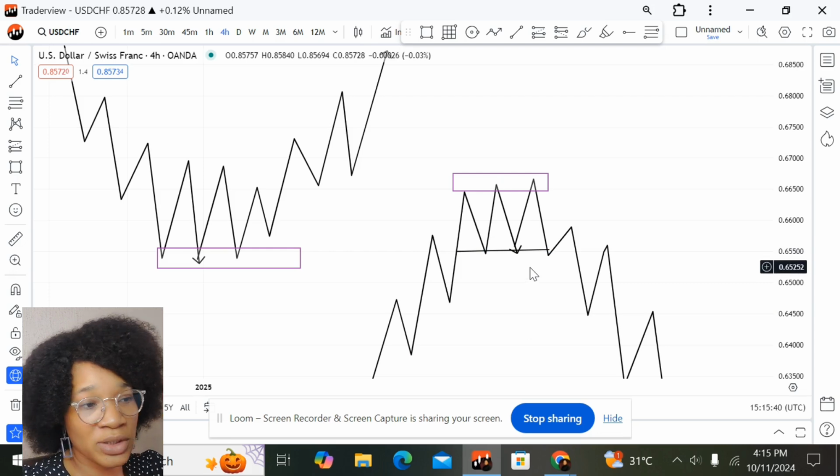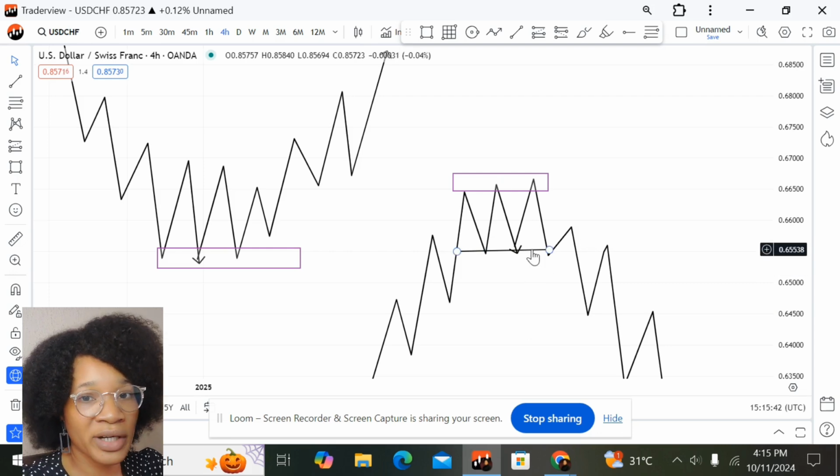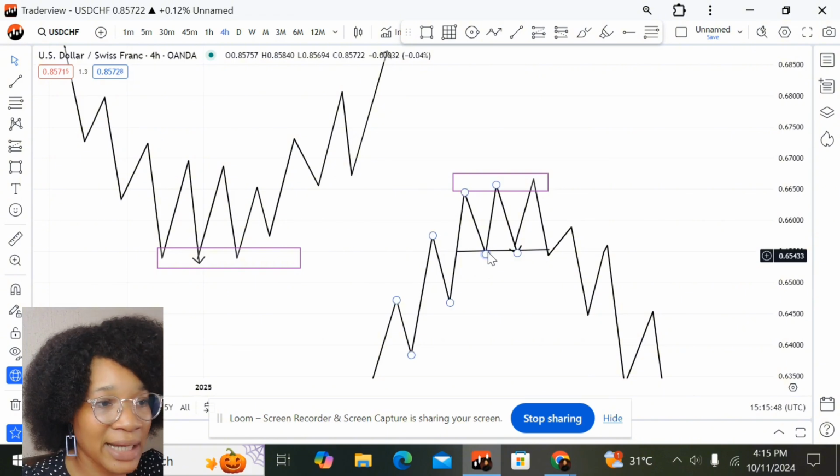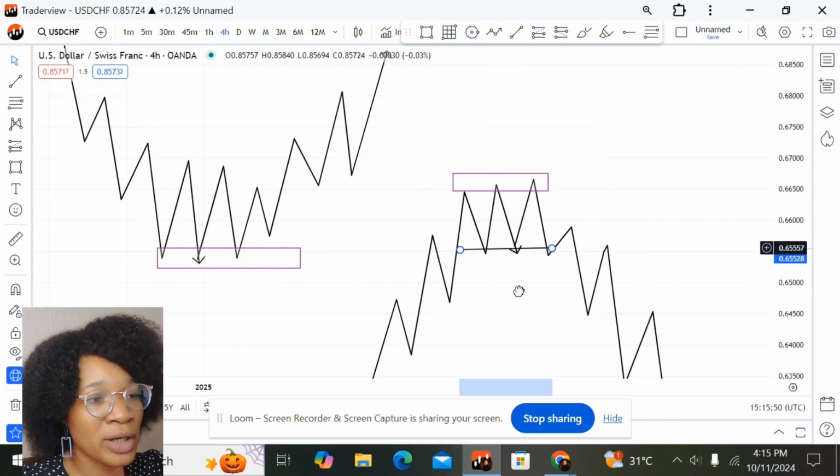When we go into entries, you see that the neckline is also very important, whether it is a diagonal neckline or a horizontal neckline, right? The most important thing is you are able to spot them.